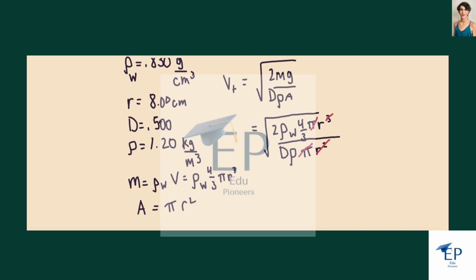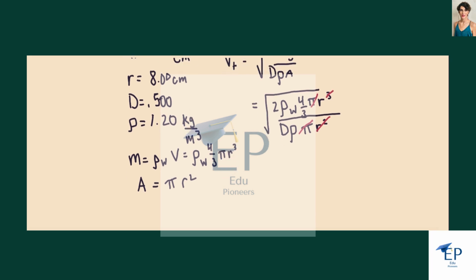Then that times 4/3 times the radius, which I'll convert to meters, 0.08 meters, and we divide the whole thing by D 0.5 times rho 1.20, which is already in SI units. With that, I get 17.2 meters per second.